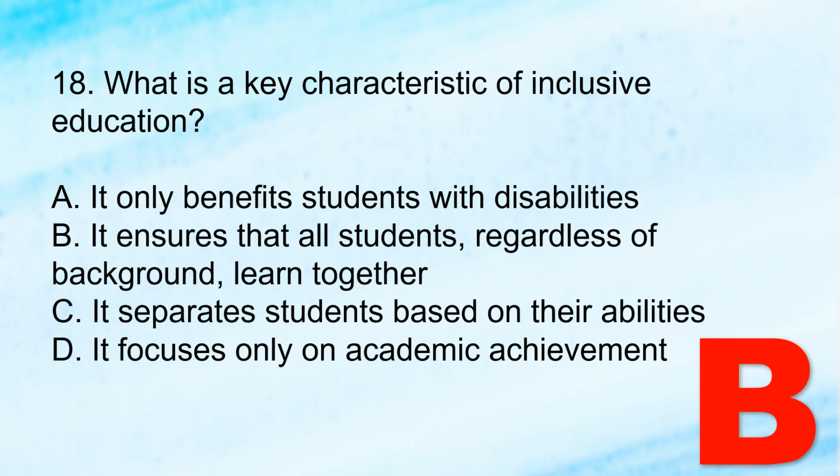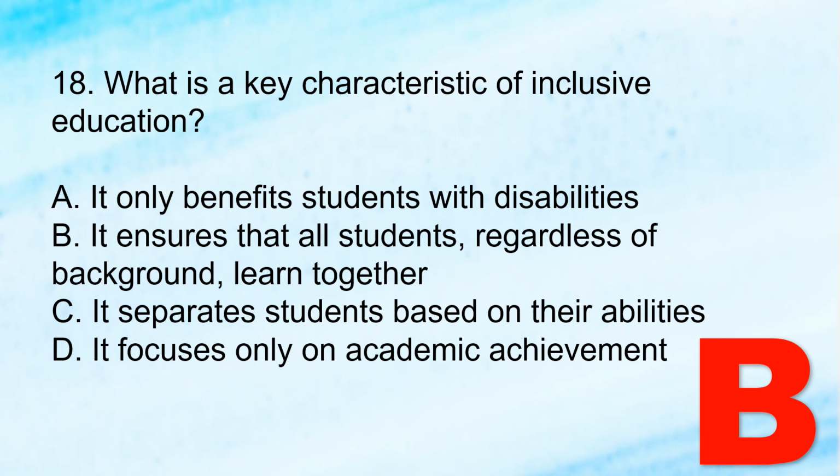The best answer, of course, is letter B because inclusive education integrates all students in diverse learning environments, regardless of their background. Letter A is incorrect because inclusive education benefits not just those with disabilities.